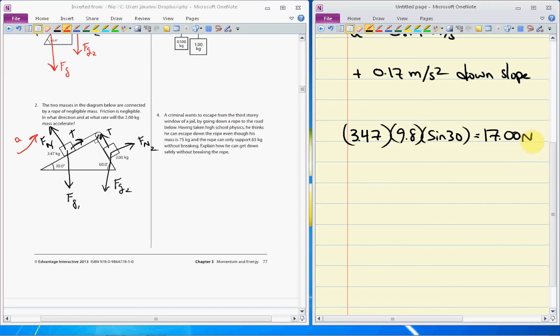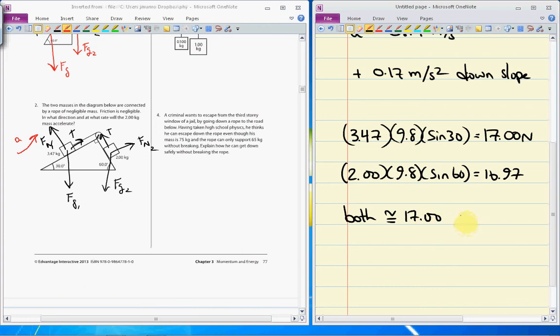That's for F parallel M1. The other one is 2 times 9.8 times sine 60. This equals 16.97. What we see here is that these are both basically 17. So we're going to assume that there's going to be no acceleration. And our assumption doesn't really matter because they're both equal to each other.